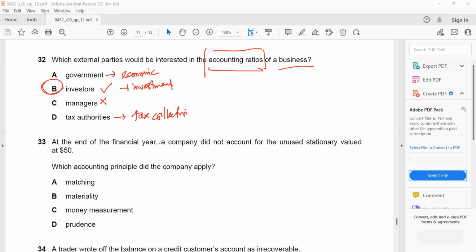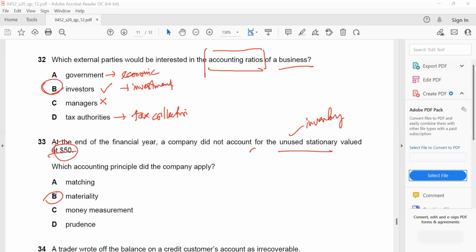At the end of the financial year, a company did not account for unused stationery value 50. Which accounting principle did the company apply? Why didn't they? Unused means that's inventory. Why didn't they adjust and put it into the inventory? In most companies, they will not, because this 50 is very immaterial.